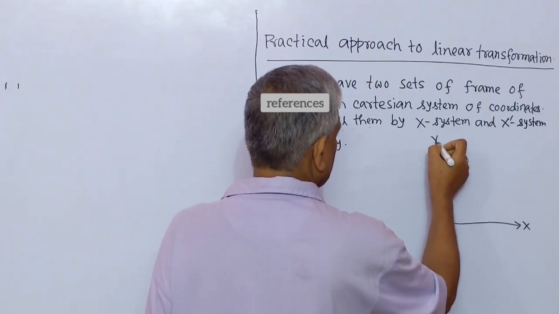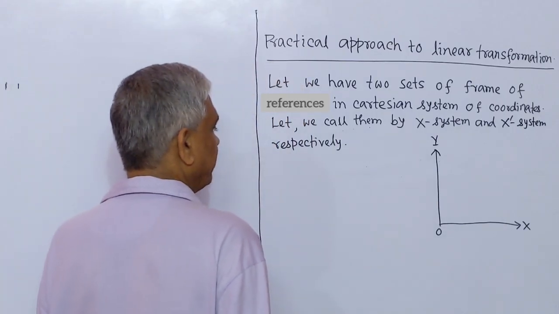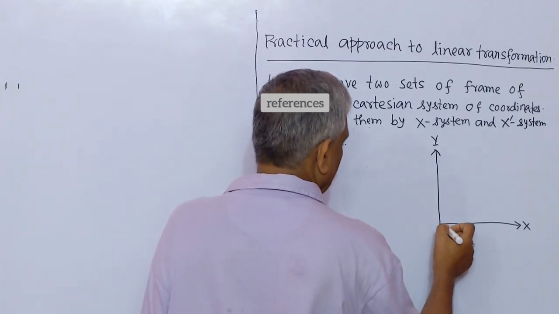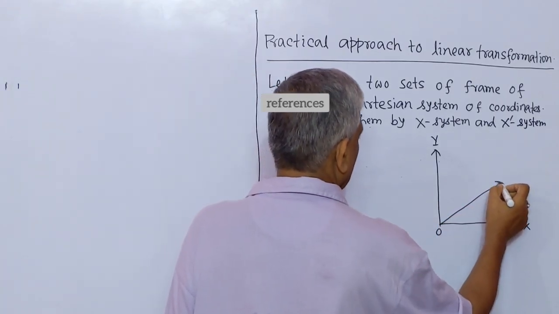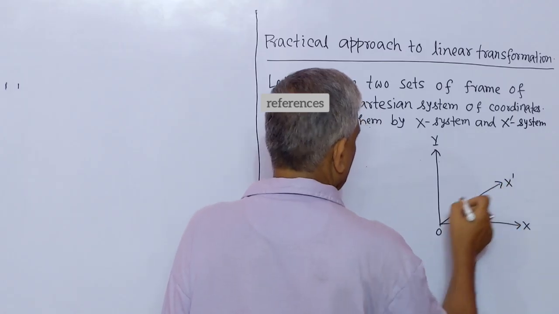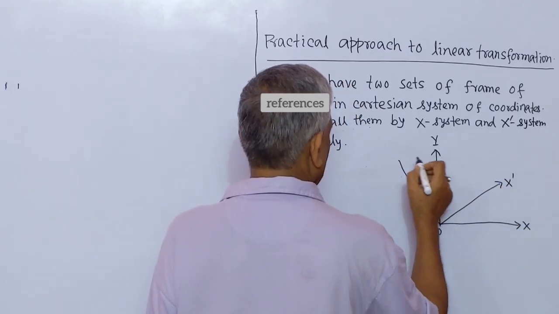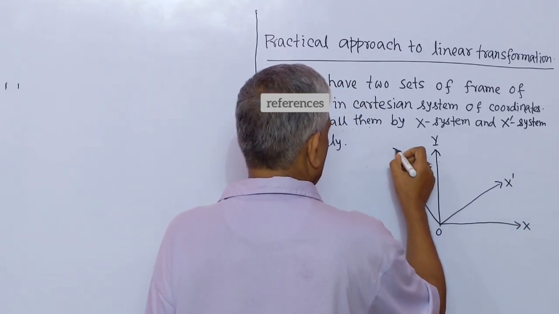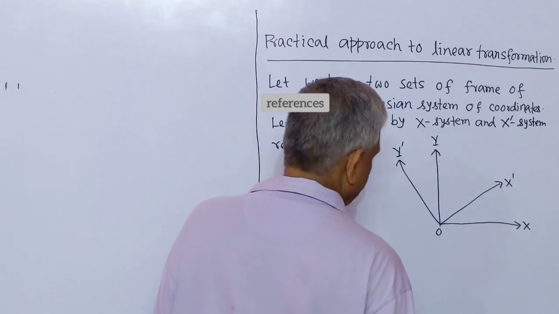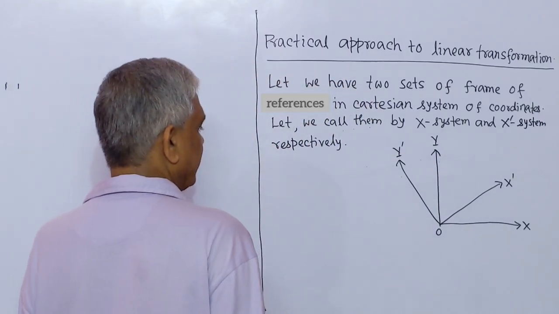Let this be the X system in a two-dimensional plane, and this be the X prime system in the same plane.